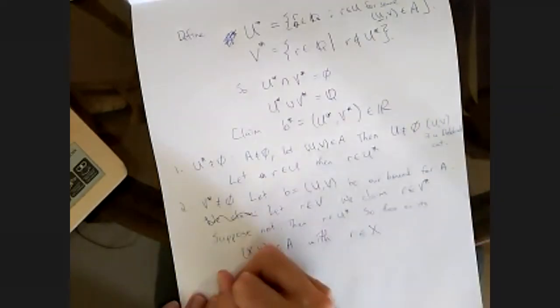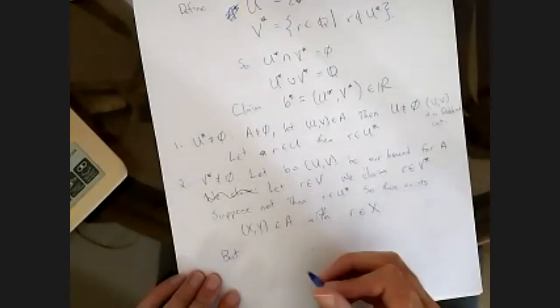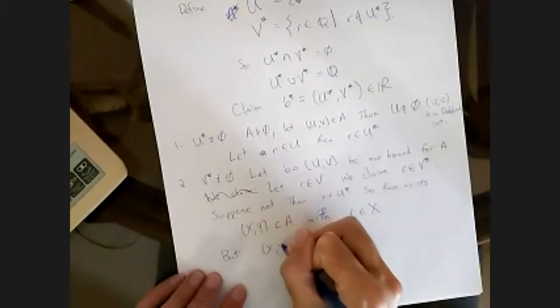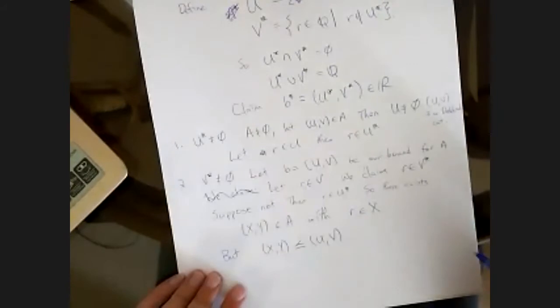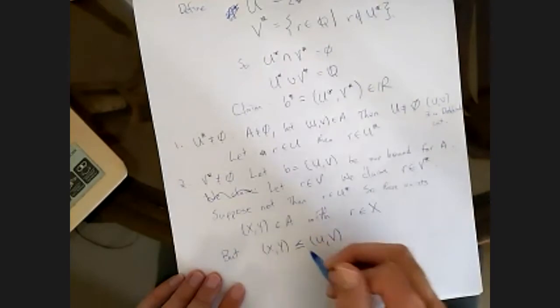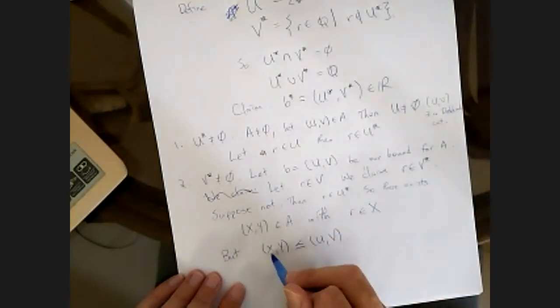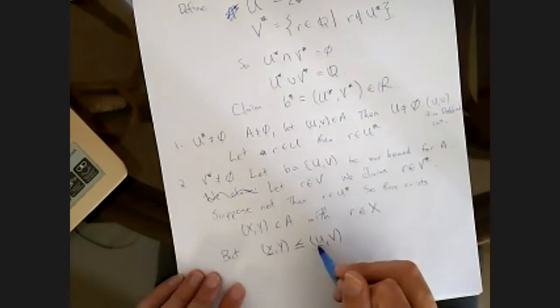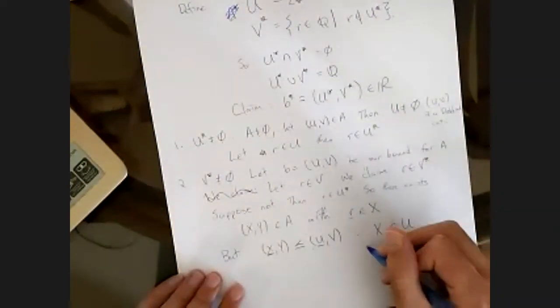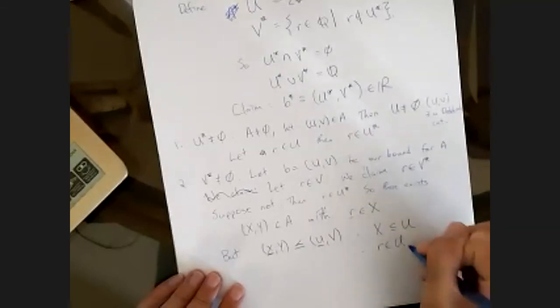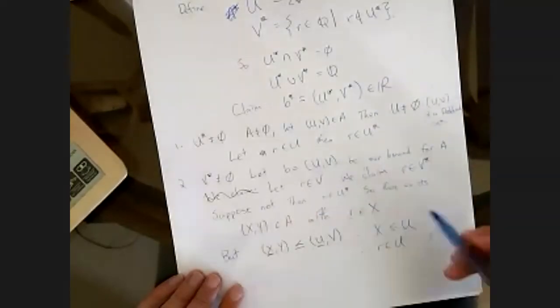But B is supposed to be an upper bound for A. The definition of less than or equal to for Dedekind cuts is that this thing is supposed to be contained in this thing. So that means X is a subset of U. In particular, this element R is an element of U. And R was supposed to be an element of V as well.